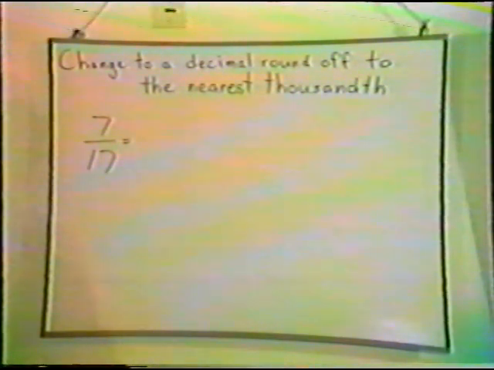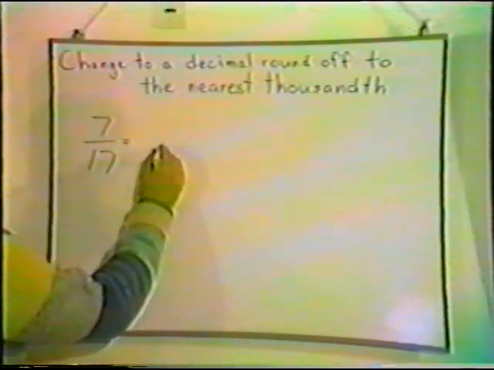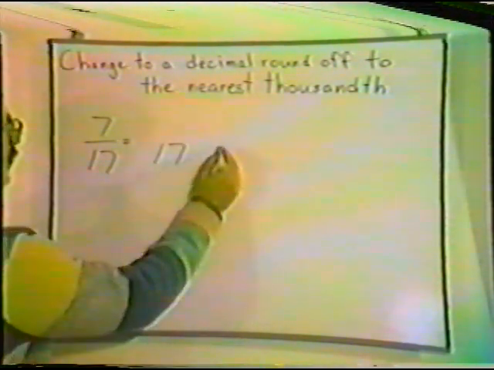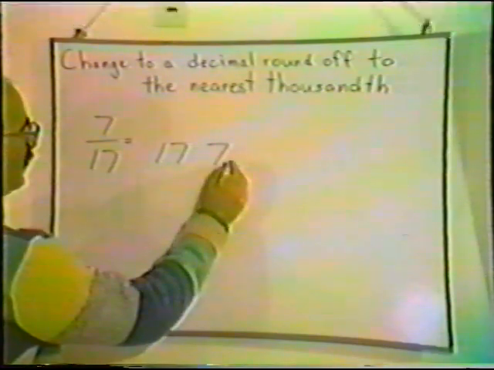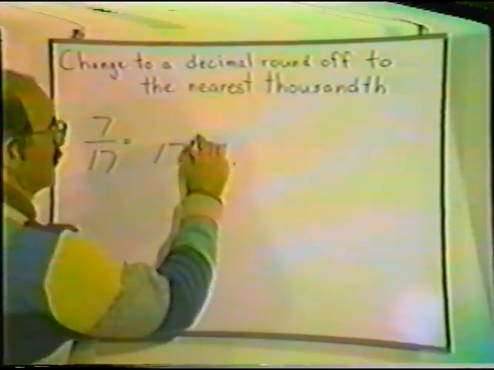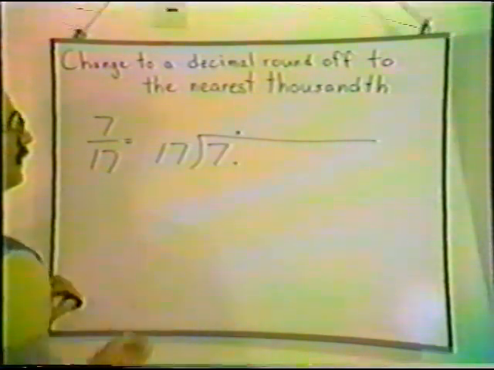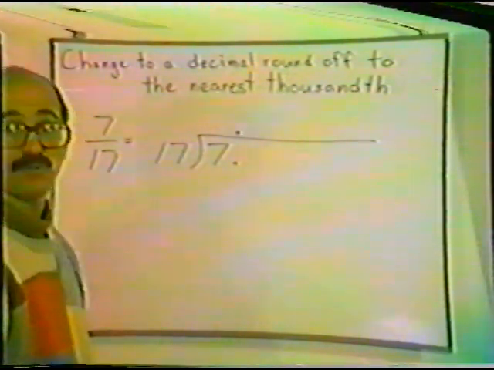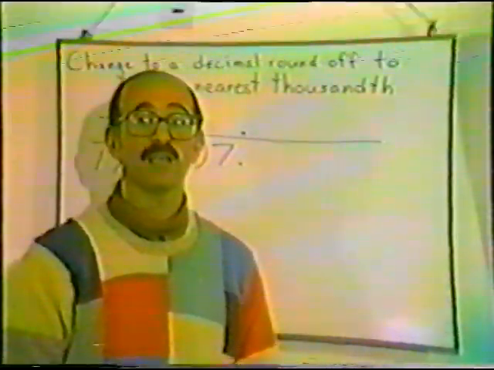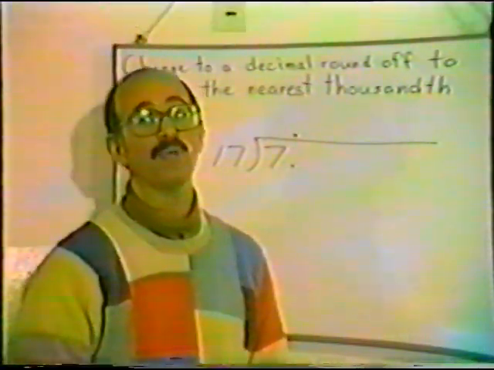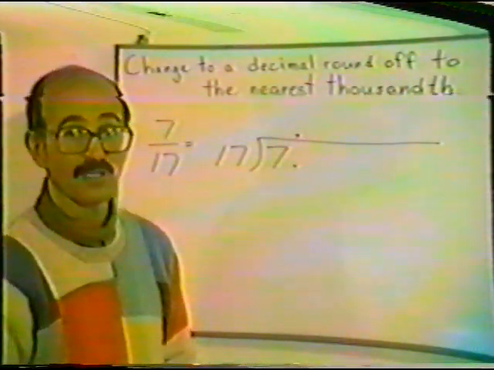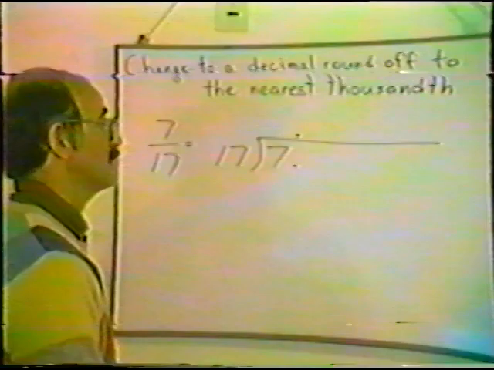No. So we have to divide 17 into 7, bottom into top. We put our decimal point in the answer. We have to round it off to the nearest thousandth, so we have to carry out the division one more place than that.